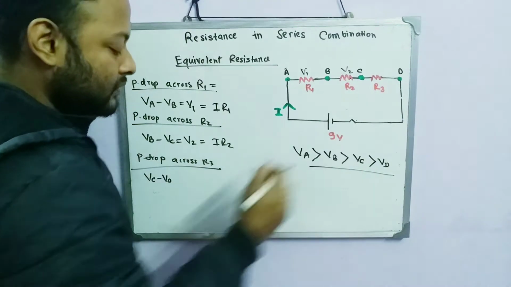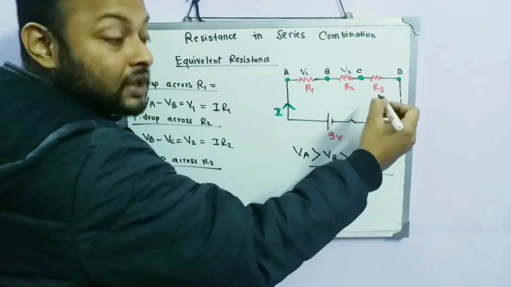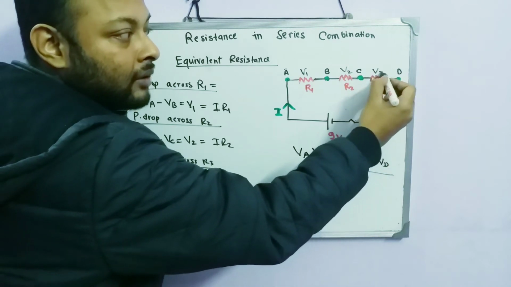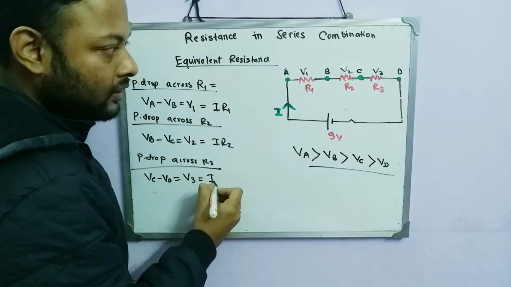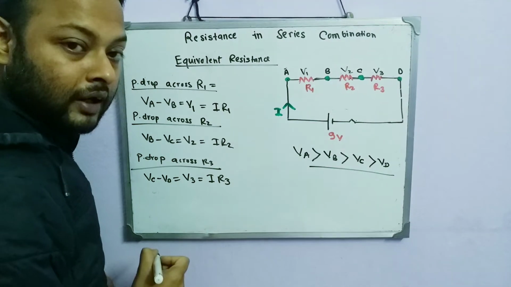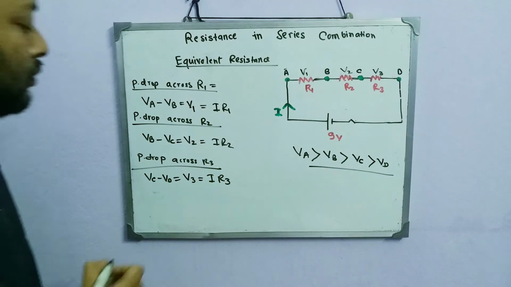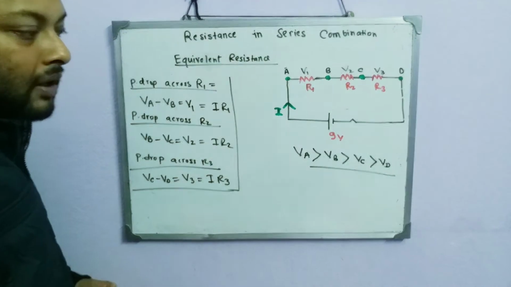So VC minus VD, that I will take as the potential drop across R3. Let that be V3. So V3 is equal to current I into resistance R3. Correct? Now, I hope you understood this part.